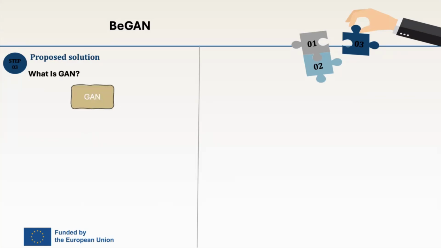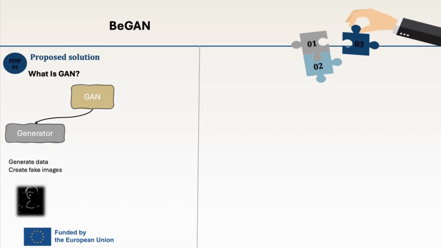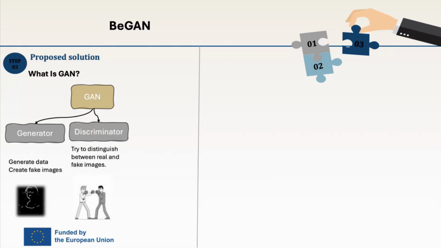Actually, this paper is based on the generative adversarial network, known as a GAN. And what we mean by GAN is a deep neural network method that contains two parts. The first part is the generator, which is responsible for generating fake images or fake data. The discriminator is the other part of the GAN.